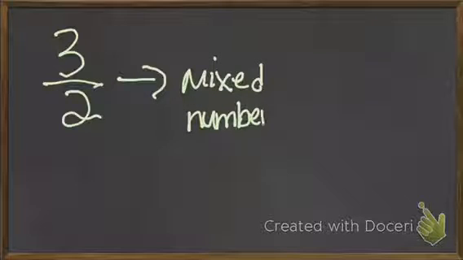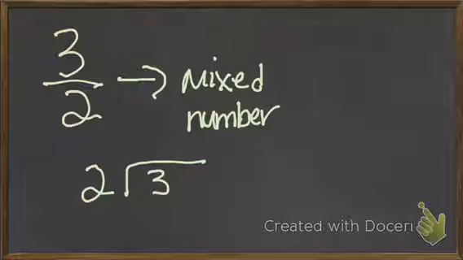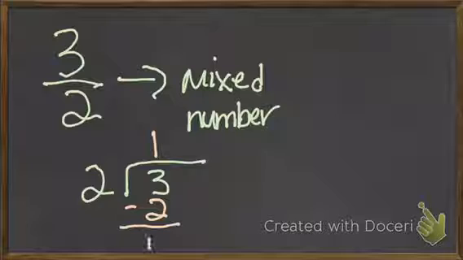How are we going to do that? We're going to use long division. So I'm going to say 2 divided into 3. 2 into 3 is 1. 1 times 2 is 2. Subtract, remainder 1.